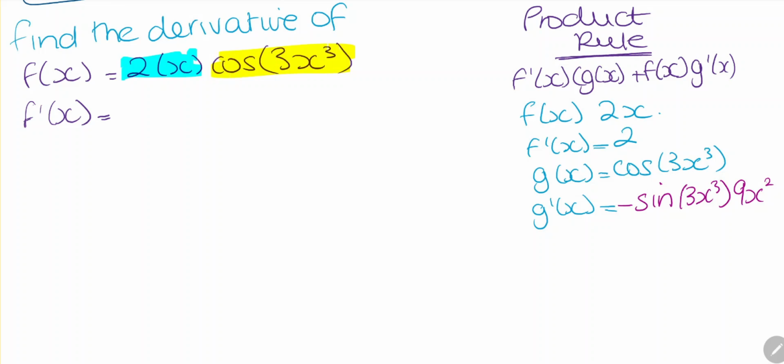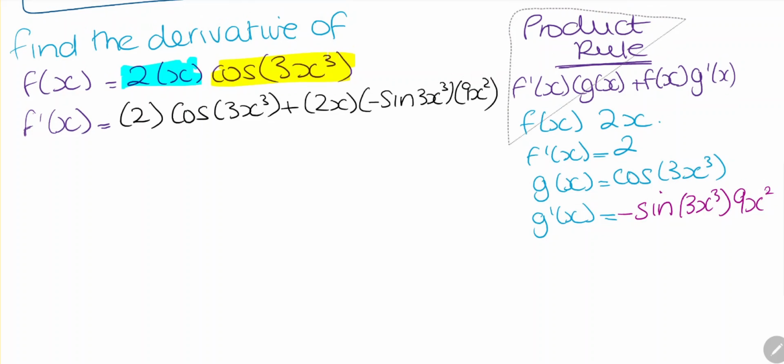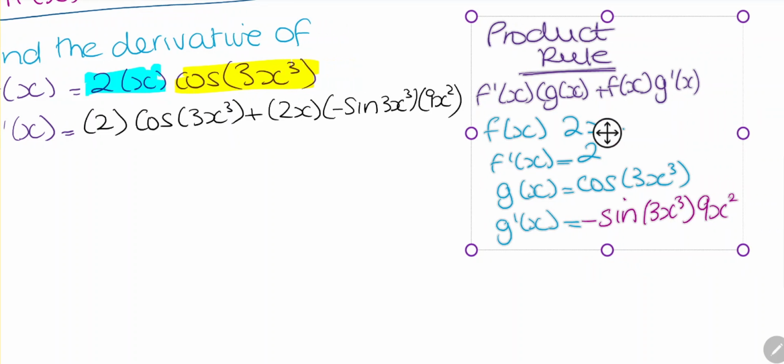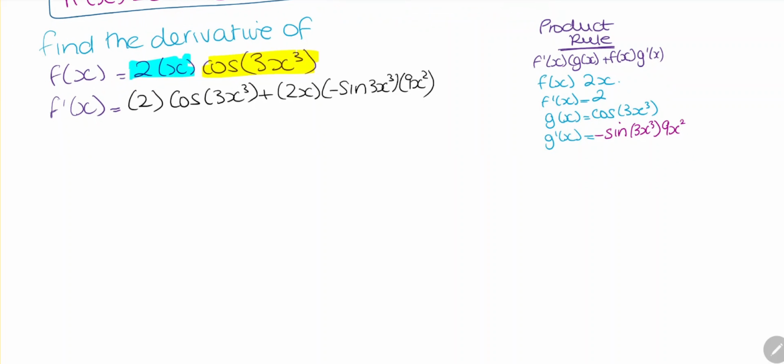So f prime of x first of all would be 2, so this is going to be 2 multiplied by cosine of 3x cubed, plus 2x multiplied by minus sine of 3x cubed multiplied by 9x squared. So let's just make this smaller and move this out of the way so this fits on the page.